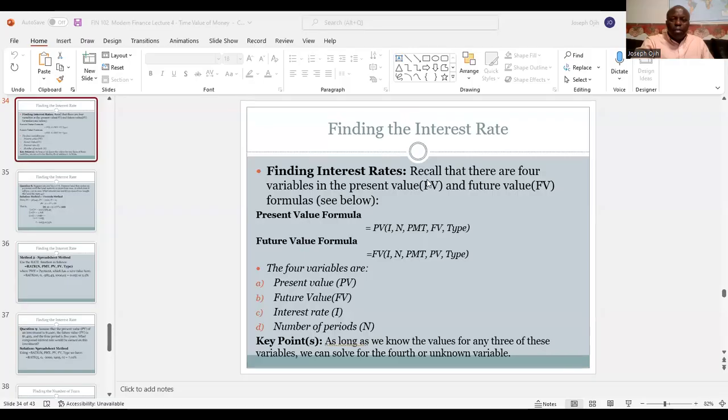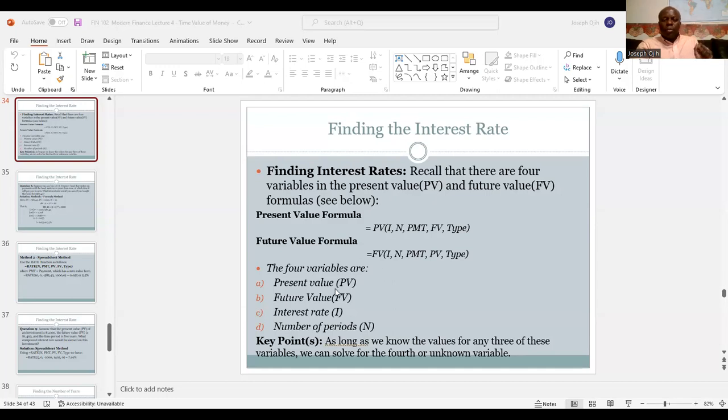Our topic of discussion tonight is how to find the interest rate, otherwise known as the return on investment. You will recall that in my previous lectures, when we were doing future value and present value, we have four variables used.